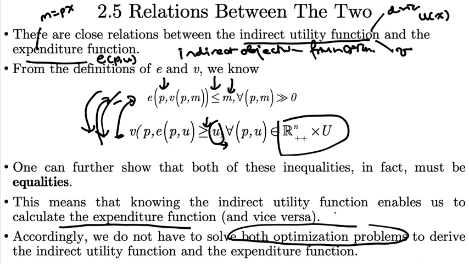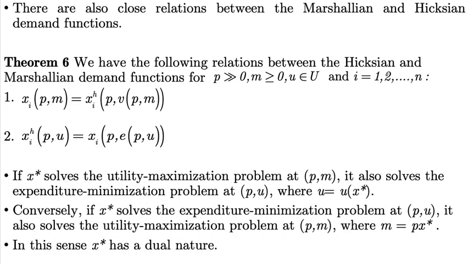What I mean here is the first order conditions process, because this is a shortcut. Because of this relationship between the indirect utility function and the expenditure function, there are also close relations between Marshallian and Hicksian demand, and this can be explained in Theorem 6.